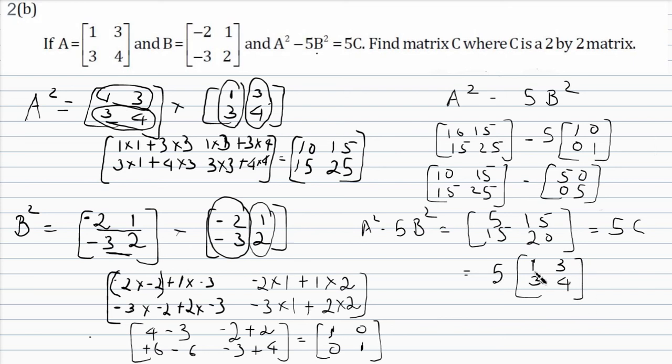So if you multiply this matrix into 5, this would be 5, 15, again 15 here, 20 here. So that is what this matrix is. Now if this is equal to 5C, we can say C is now the 1, 3, 3, 4 matrix.